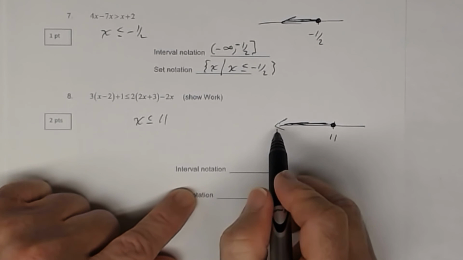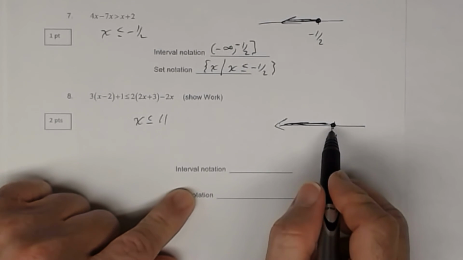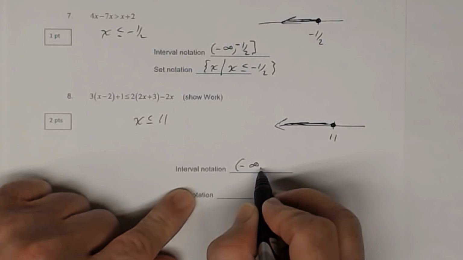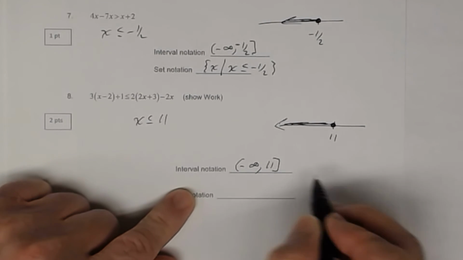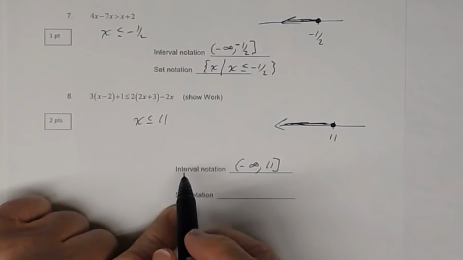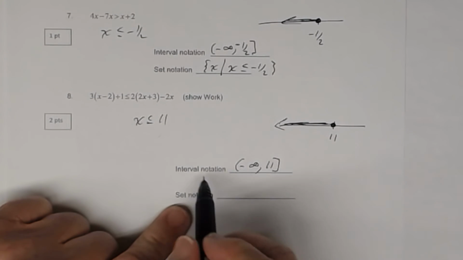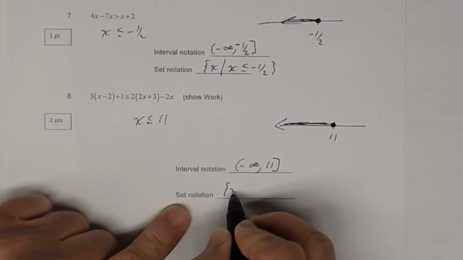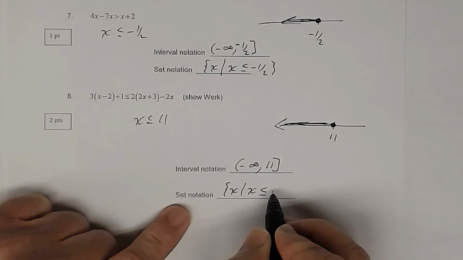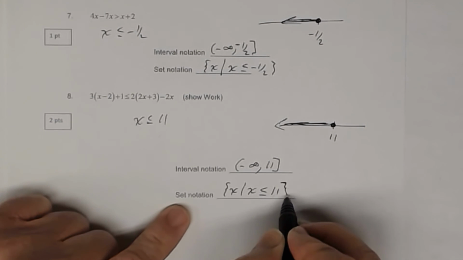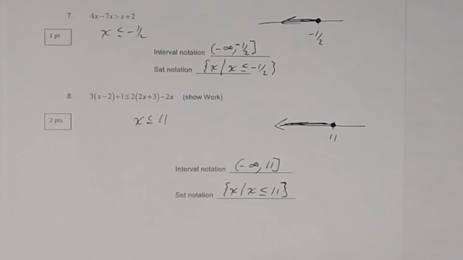So in interval notation, go from negative infinity to 11 with a bracket. So negative infinity with parentheses, 11 with a bracket. And then set notation is just putting this inequality statement into it. So you have the set of x's such that x is less than or equal to 11. And then make sure you use a brace. Okay? And so that is it.